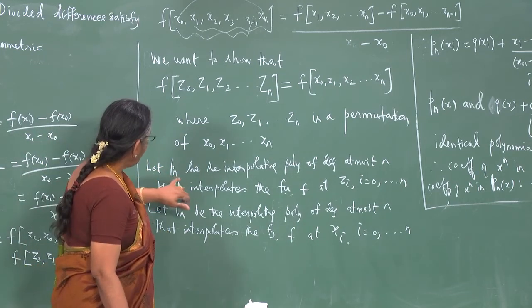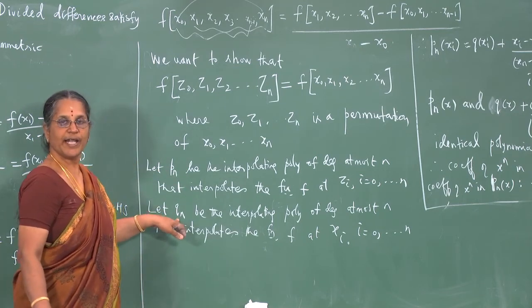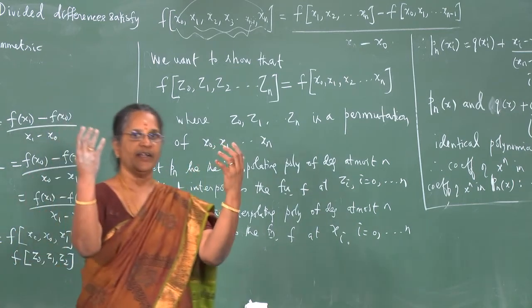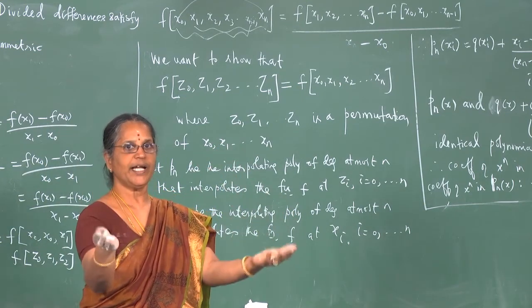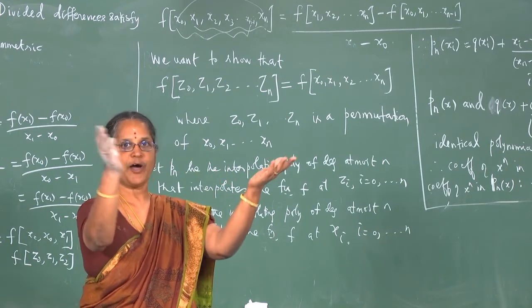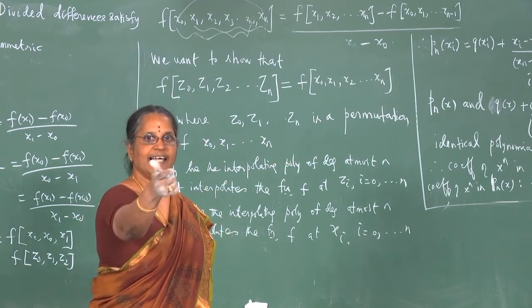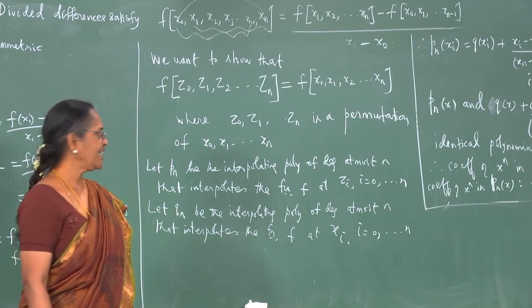So Pn must be identically the same as Qn. They are polynomials of degree at most n. Each one interpolates the same function f at the same set of points xi and zi, where zi is a cyclic permutation of xi's.